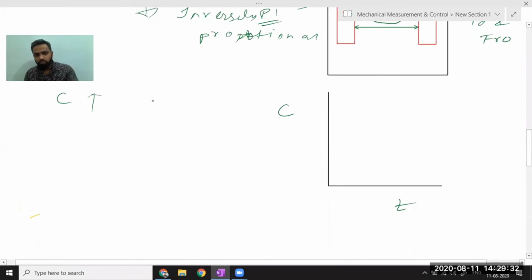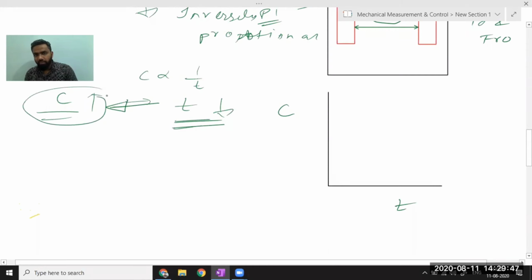When T is less, that is, when the distance between the plates is less, automatically, since C is inversely proportional to T, C will be more. And whenever the distance between the plates is more, C will be less. This is the way it works.